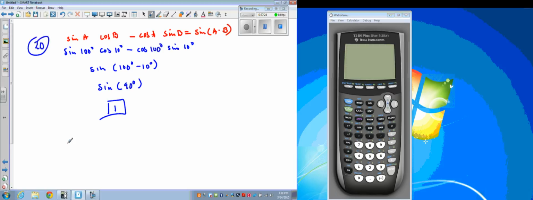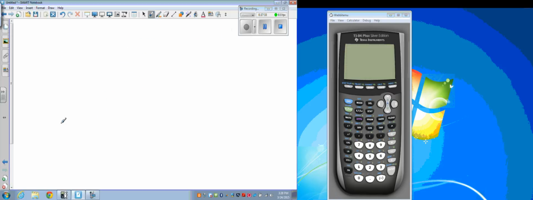Now, the next group says use identities to write the expression as a single function. So number 25, what they're asking to do, this is actually from the last section.